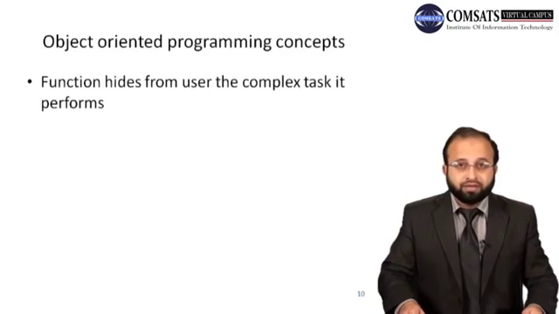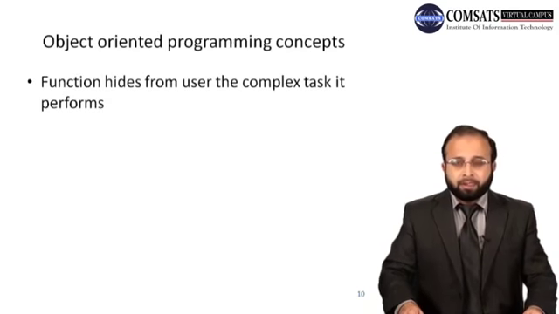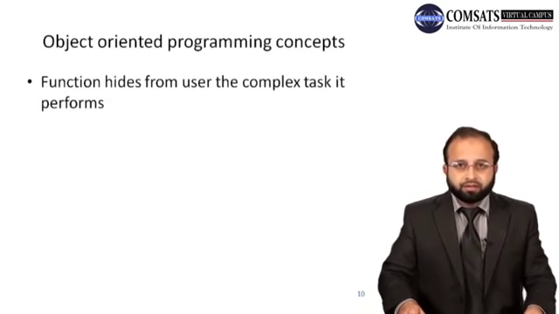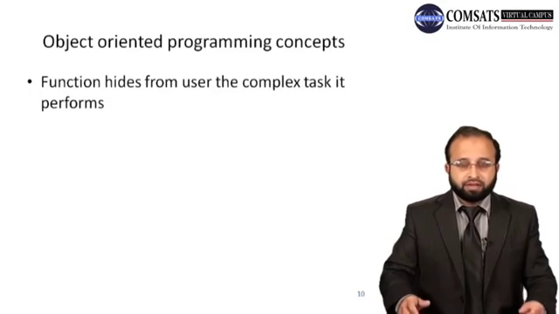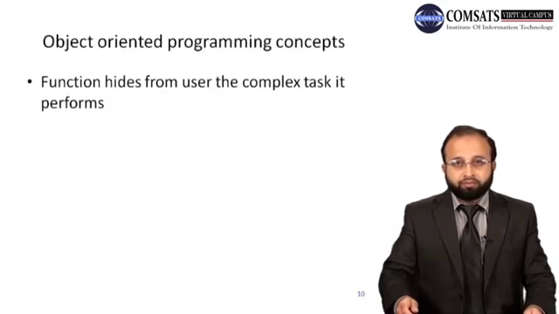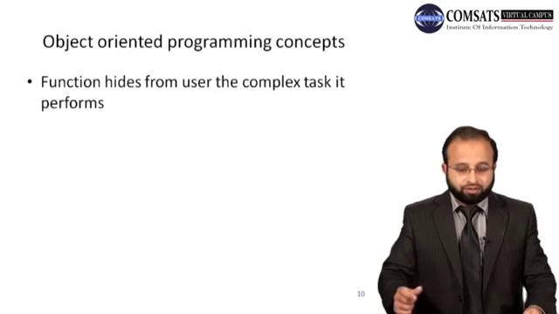Like in our previous course, I think in the fourth or fifth lecture, we saw what a function is, and we made a bake cake function. Baking a cake is maybe a complex process, and we write all those baking steps inside a block and call that a function, a bake cake function.